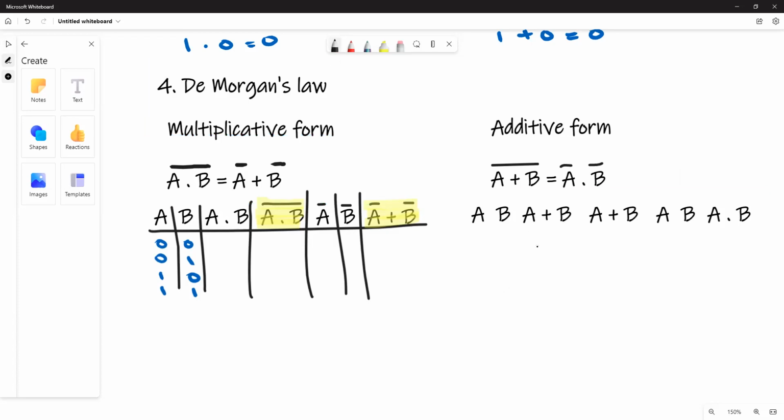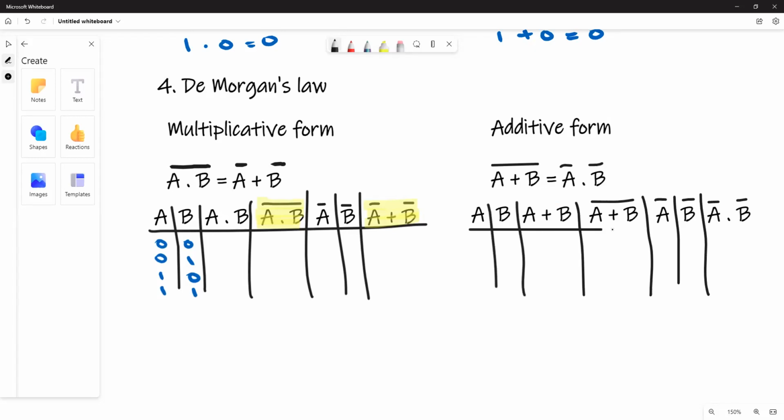So we have A, B, A plus B, A plus B bar, A bar, B bar, A bar dot B bar. If you look at the same, you should see that this column should be the same as this column if you have done it correctly.